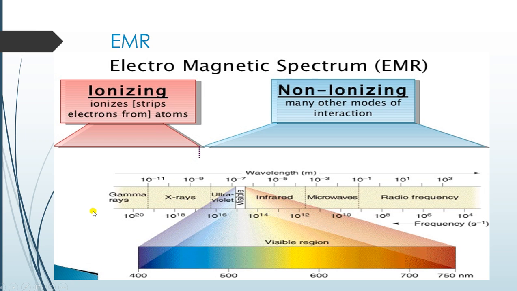Energy increases in one direction, while in the same direction the wavelength decreases. When the energy is very high, 10 to 20, the wavelength is very small.